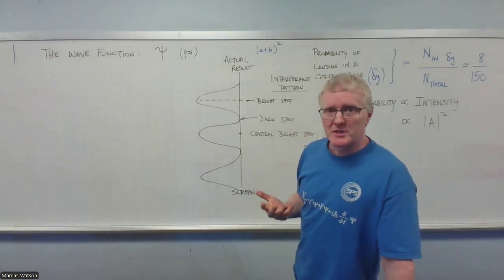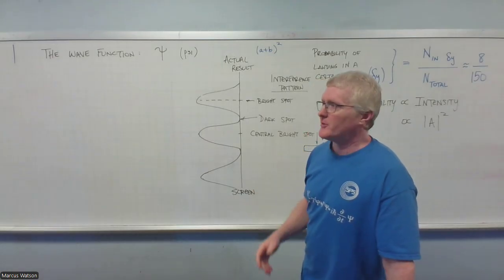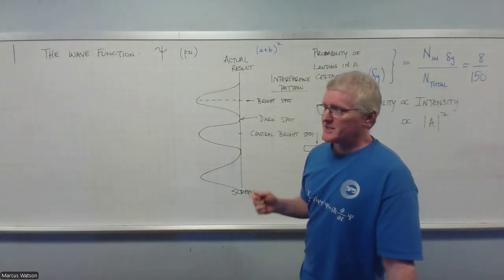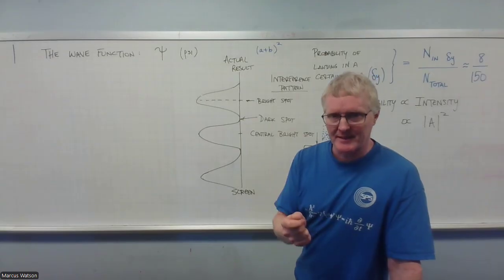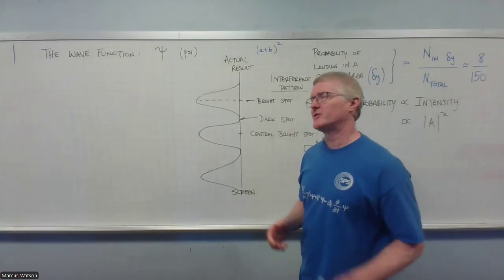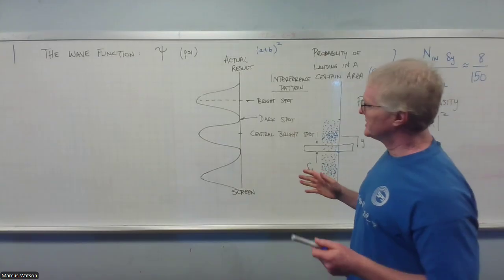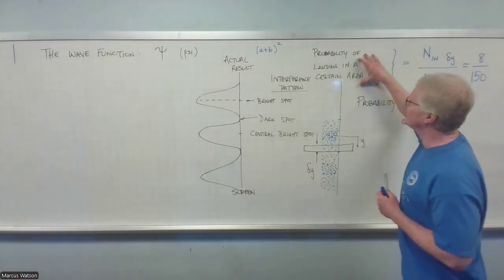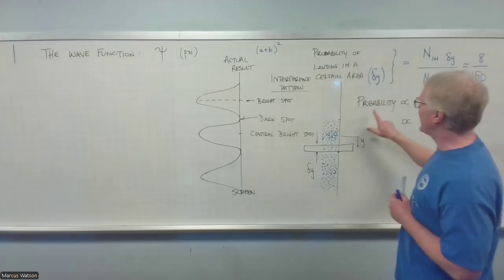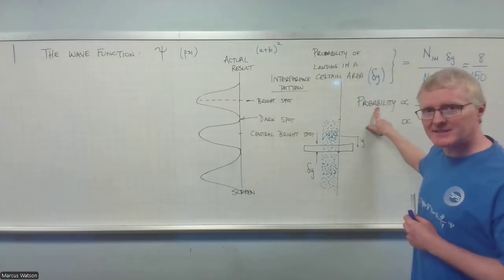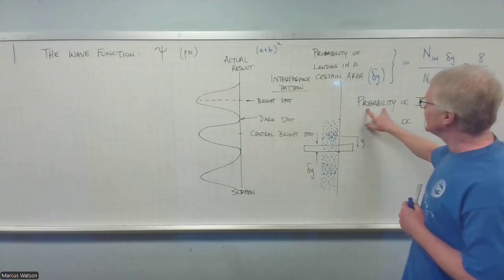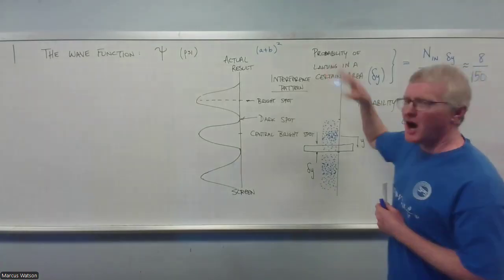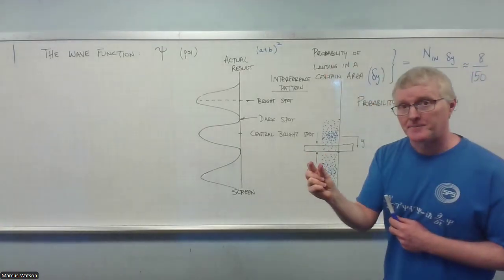Okay, so the wave function is describing something about the probability of the electron. Now, it's not describing the probability itself, because, and we'll go into this a little bit in a few minutes, remember, this is the probability of landing in a certain area, and that probability is proportional to the intensity. So really, this intensity is a probability of landing in a certain area.